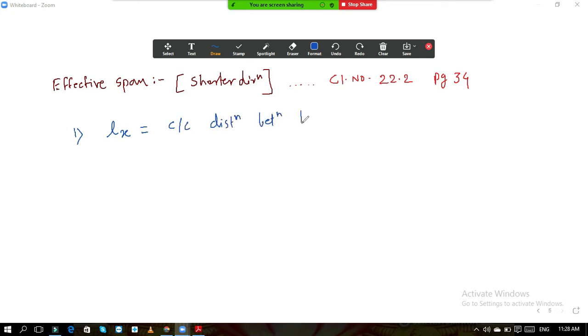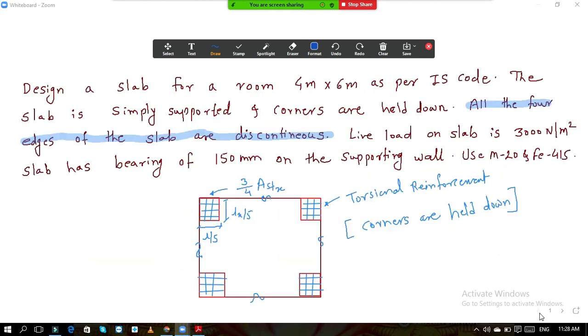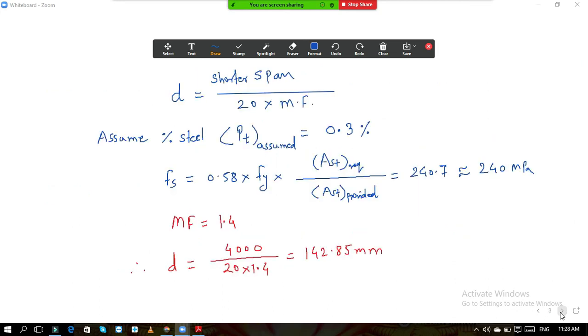between the supports. Now in the problem they have told you the bearing of 150 mm. The meaning of bearing is the support, and the width of support is given to you as 150 mm. If this is not given in the problem, you can assume the width of the support.